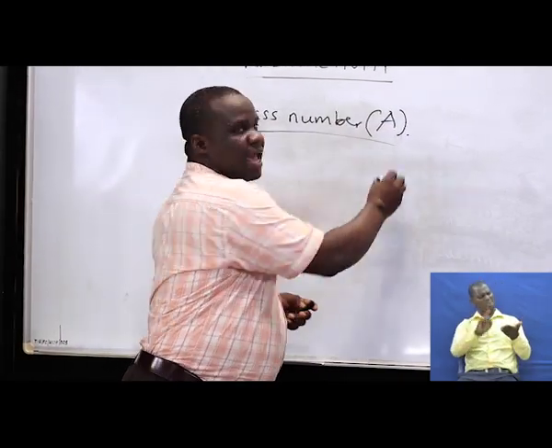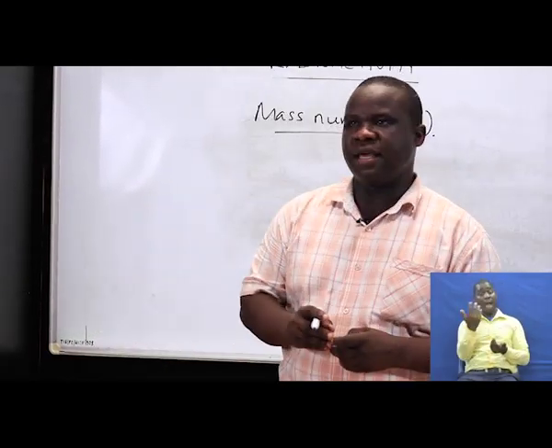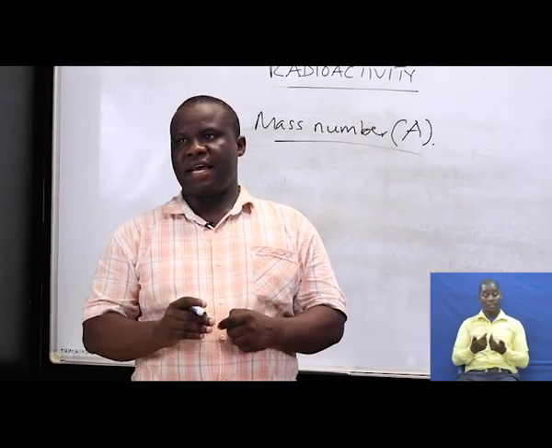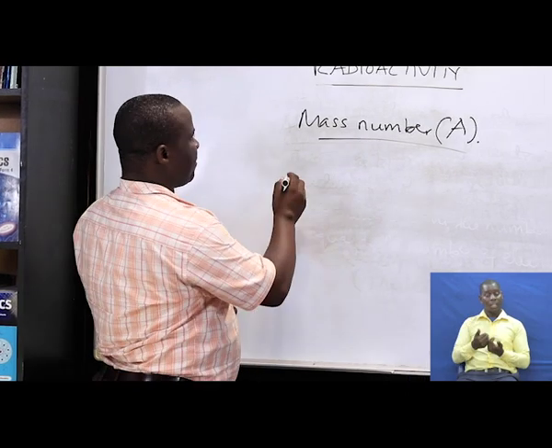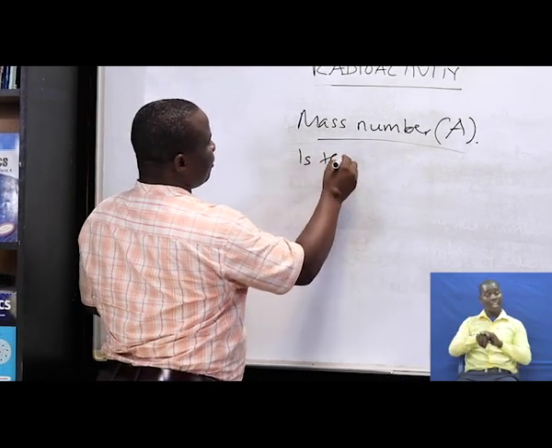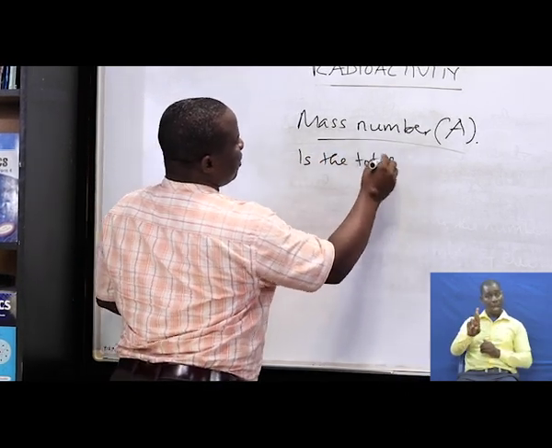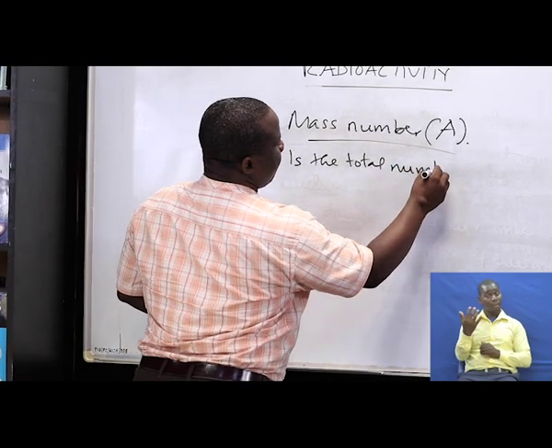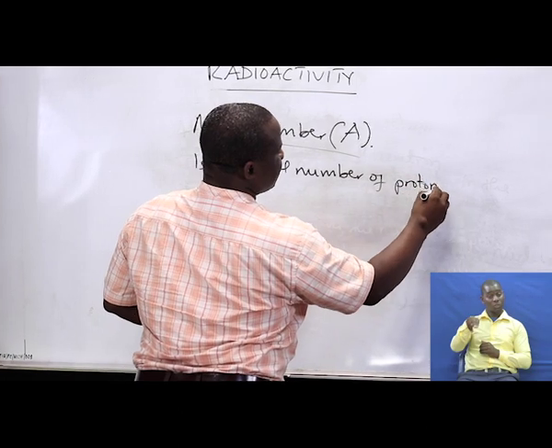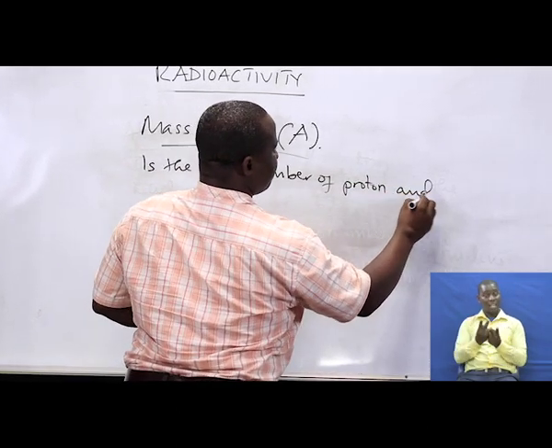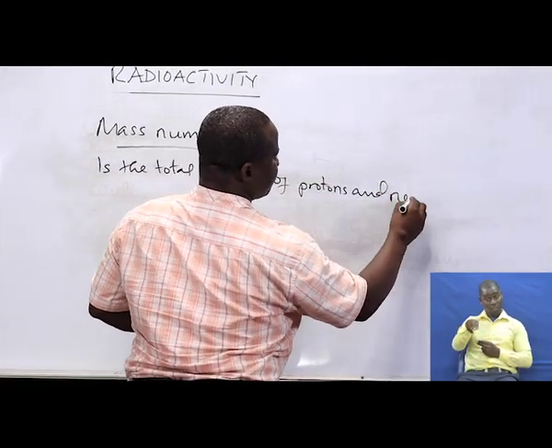We say the mass number is the total number of protons and neutrons in the nucleus. So the mass number is the total number of protons and the neutrons.